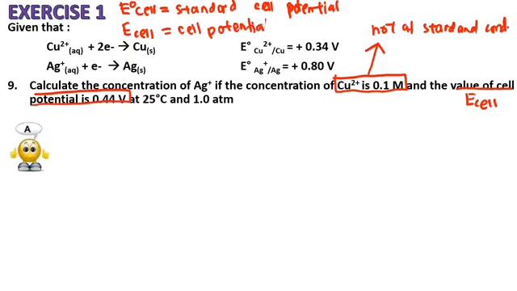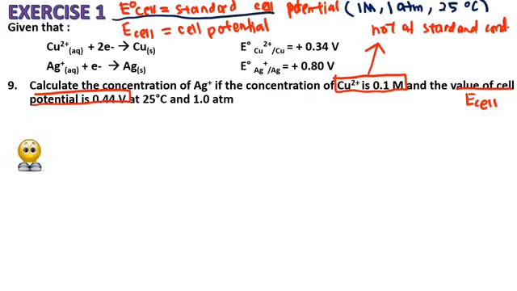So what is the difference? If E not cell, it means we measure concentration 1 molar, pressure of gas is 1 atm and then 25 degrees Celsius.